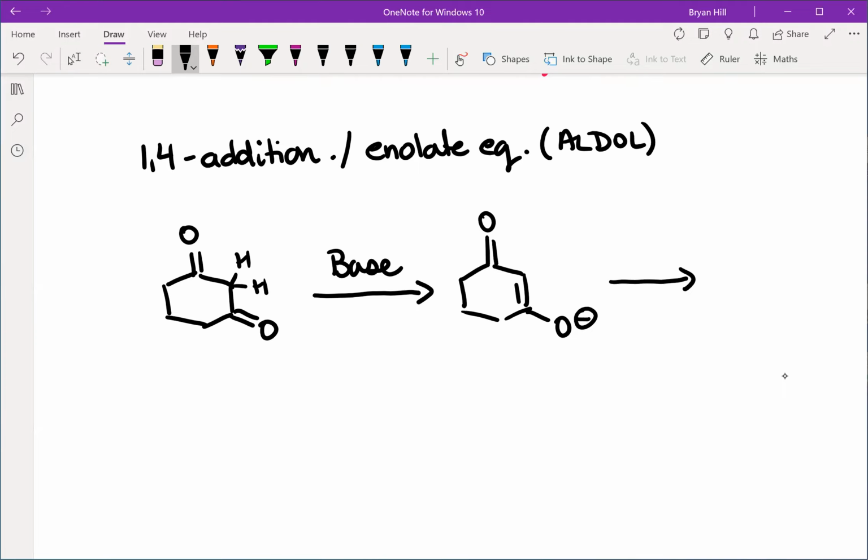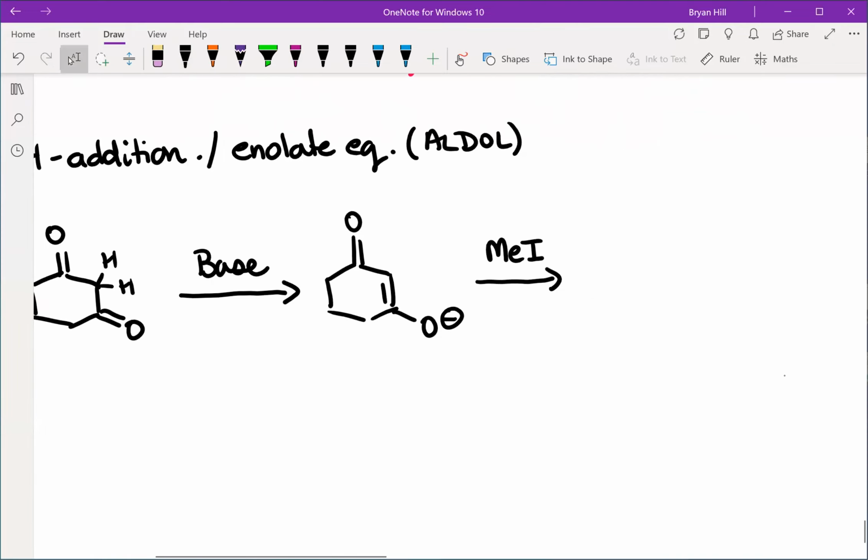And you can throw in an electrophile. Let's put in methyl iodide just for the sake of it. Here we go.